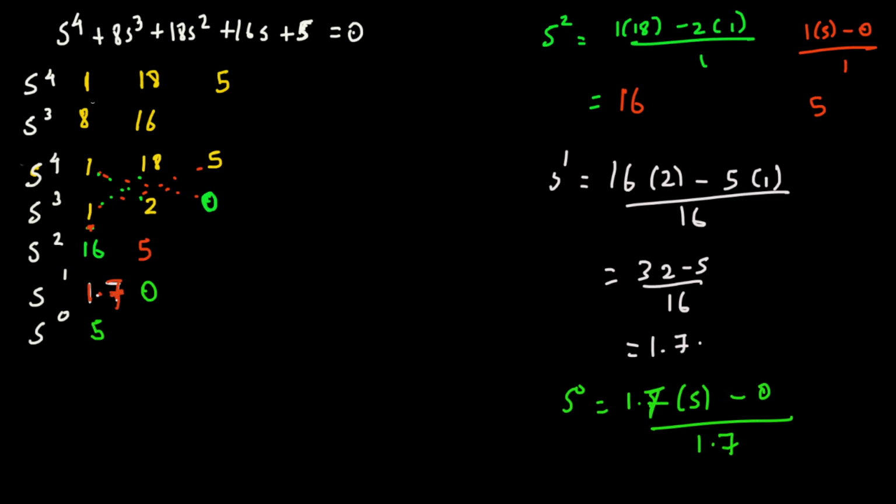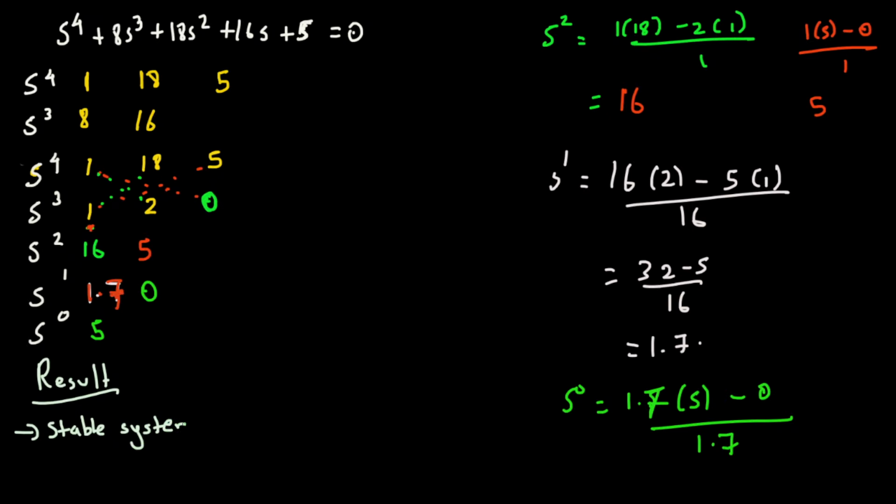After that, we look at the first column and see if there are any negative signs. If all of them are positive, the system is stable. If you see a negative sign, it's unstable, because we have both positive and negative. Here all of them are positive in the first column, which means this is a stable system.